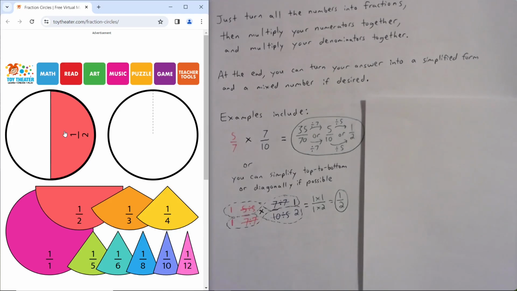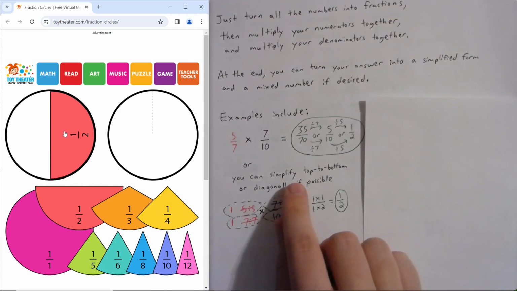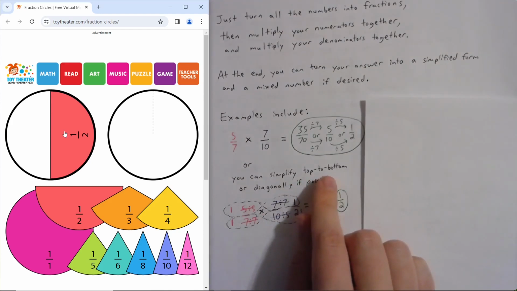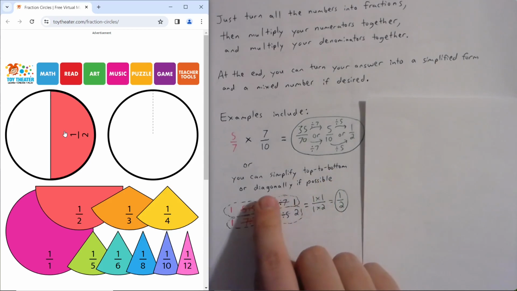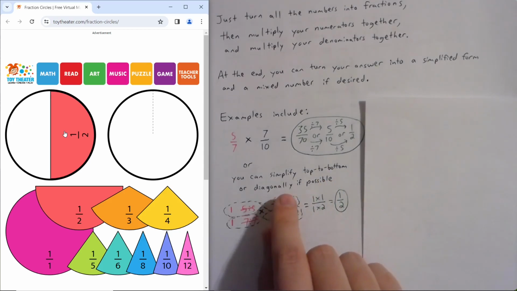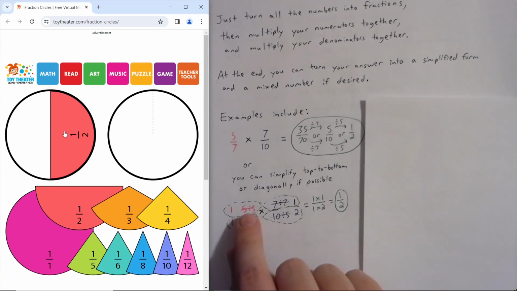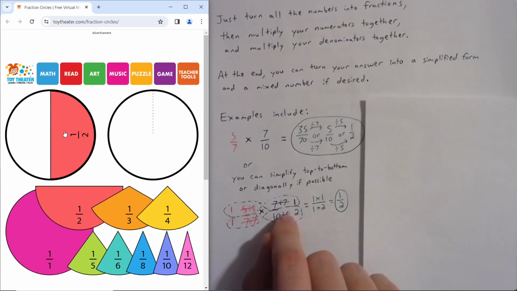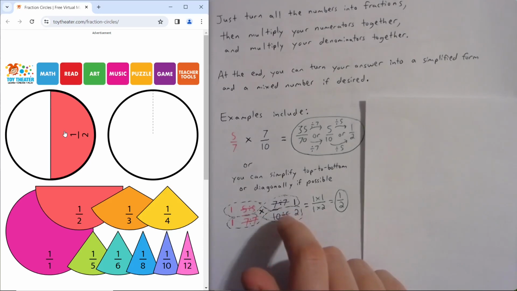Okay? Now you can also simplify from top to bottom for some fractions some of the time in multiplication. Then there's also a process that I call simplifying diagonally or cross-simplifying, where you're simplifying the numerator of one fraction and the denominator of another fraction.